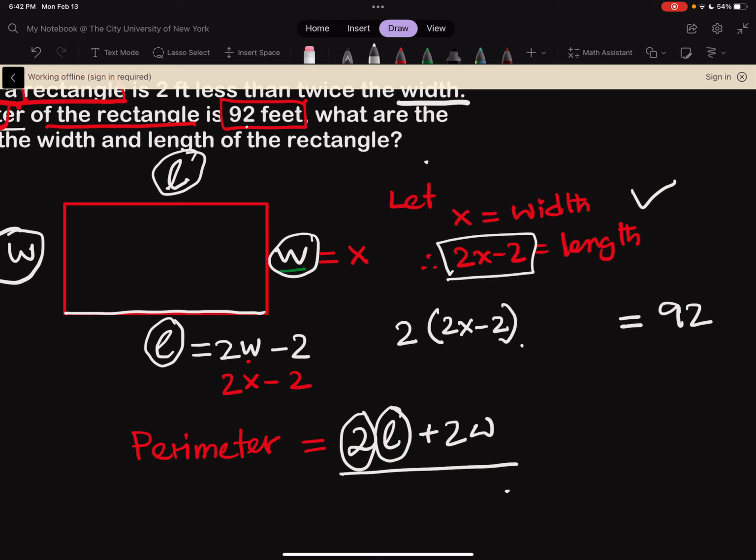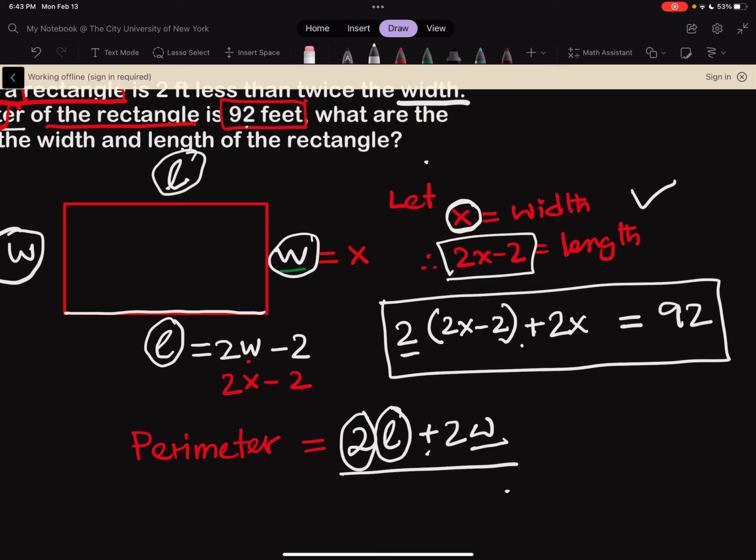Be careful here. So many 2's, somebody might forget this 2. Plus 2 times the width. What is the width? That's x. So our equation is formed.